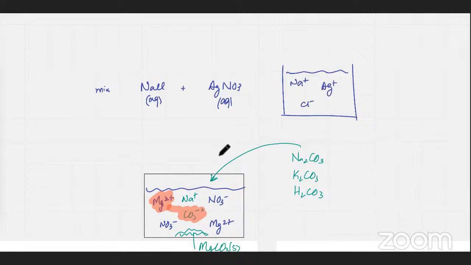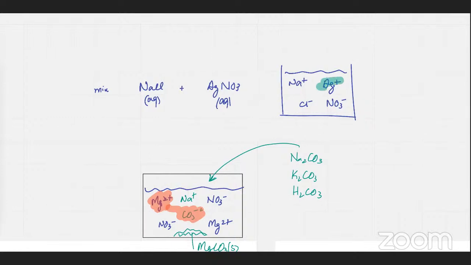Silver ions are formed, NO3 -1 ions are formed, and these ions would randomly mix and match. And if your Ag and Cl ions combine, these two ions would form a precipitate. A solid precipitate would settle at the bottom, which would be AgCl solid.